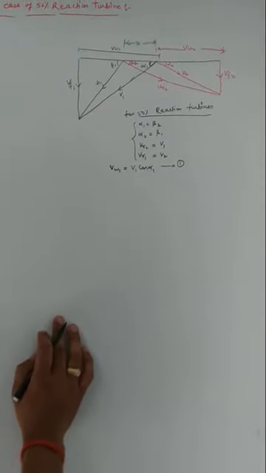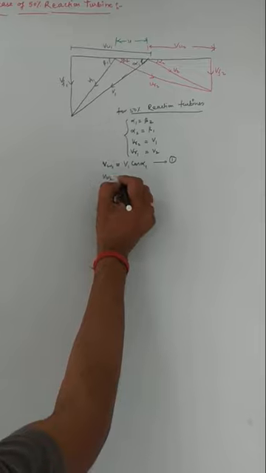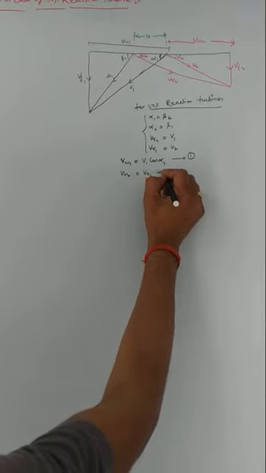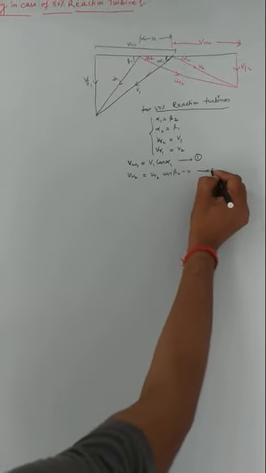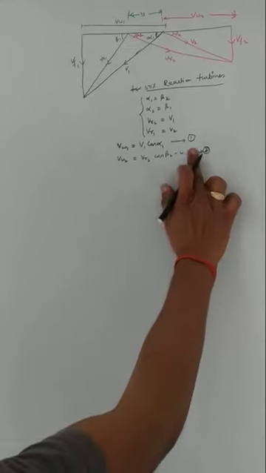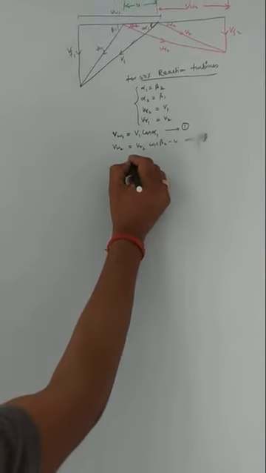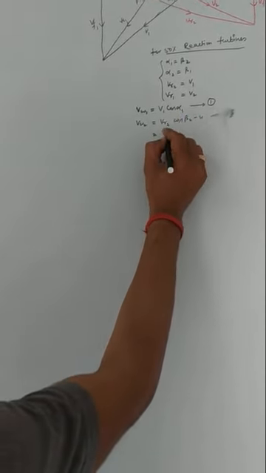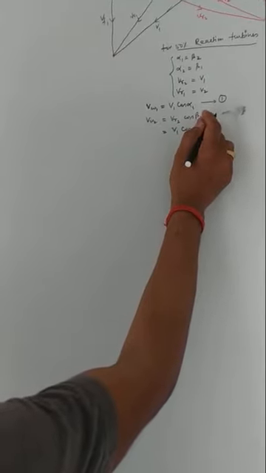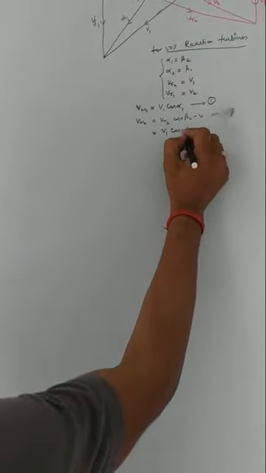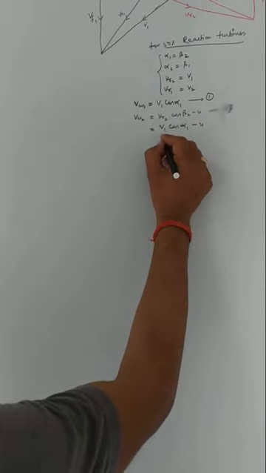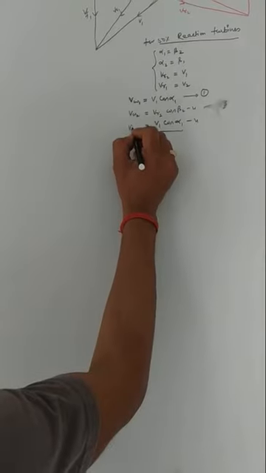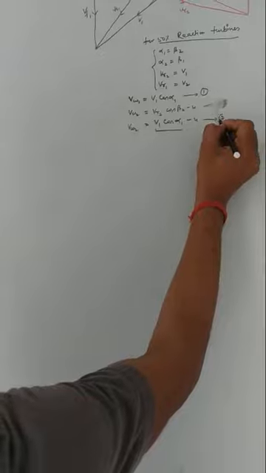We can also write VW2 at the exit velocity triangle as VR2 cos beta 2 minus U. This can be further written, as VR2 is equal to V1 for the 50% reaction turbine, as V1 cos beta 2, which becomes alpha 1, minus U. So VW2 is V1 cos alpha 1 minus U. This is equation 2.